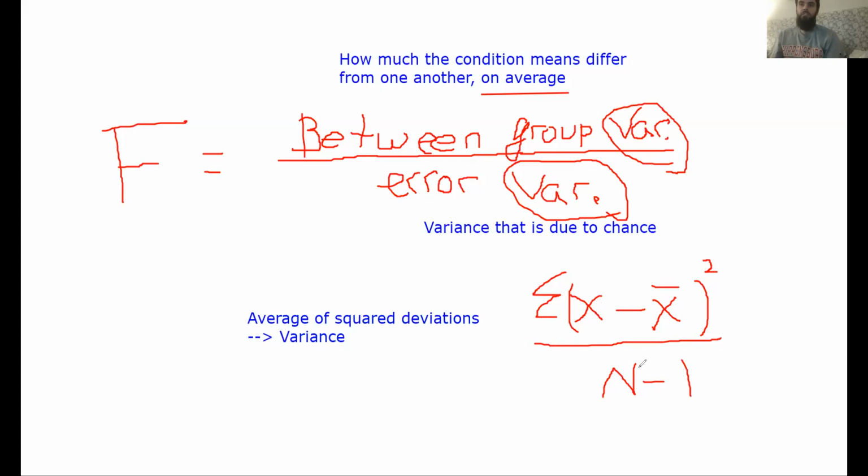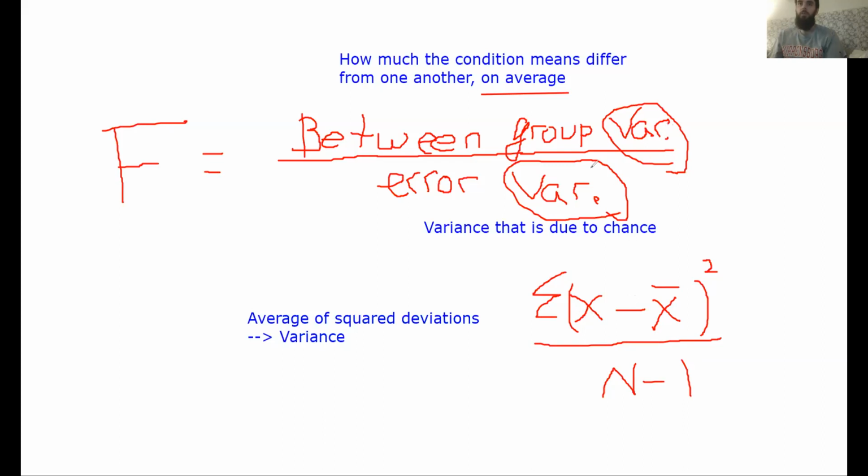So it's an average because it divides by the number of scores, and it's the average of squared deviations because this is a deviation, x minus the mean, squared, that you sum. So it's the average because it adds stuff up and divides by the number of things, and it's squared deviations because these are deviations squared.